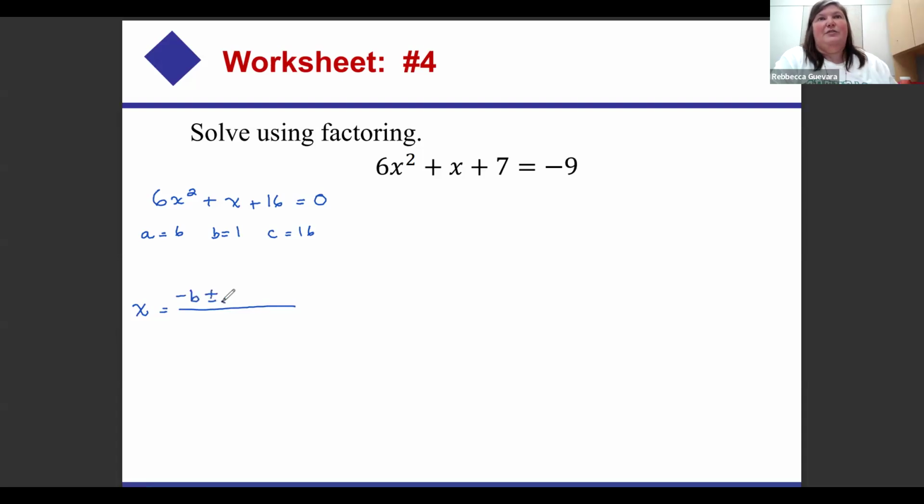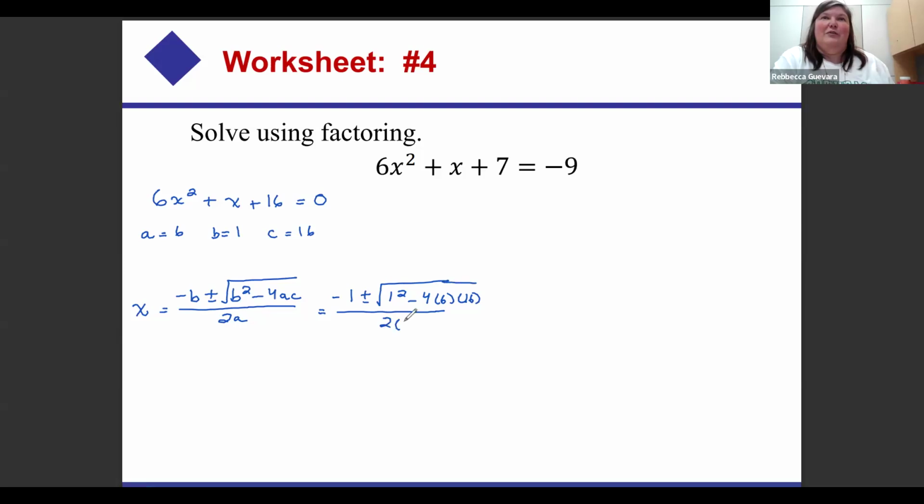So if we were to solve this, x is minus b plus or minus the square root of b squared minus 4ac over 2a. We have b is 1, so we have minus 1 plus or minus the square root of 1 squared minus 4 times a, which is 6, and c, which is 16. So you see this thing's a monster.